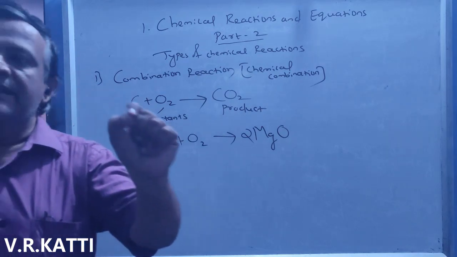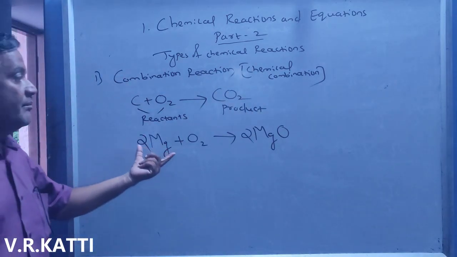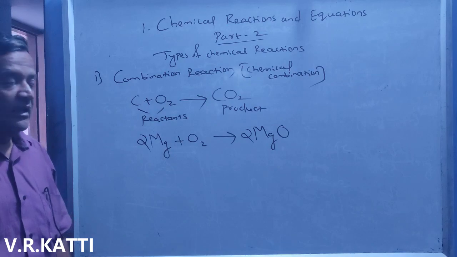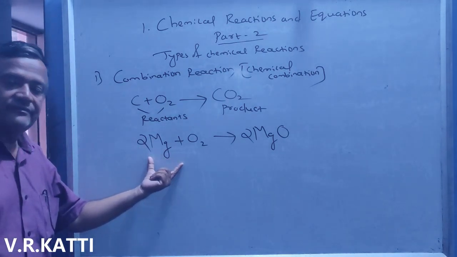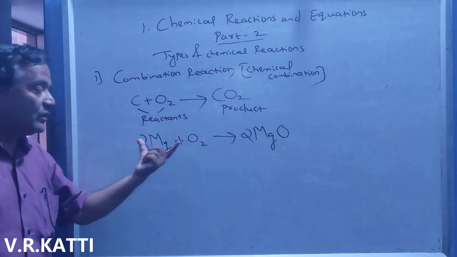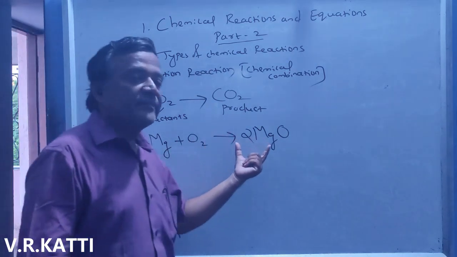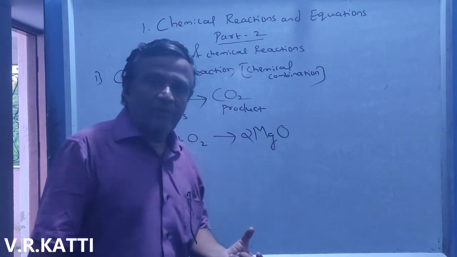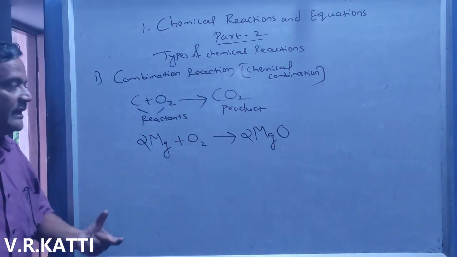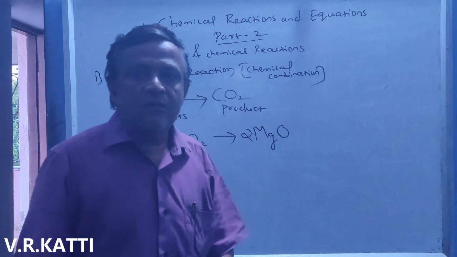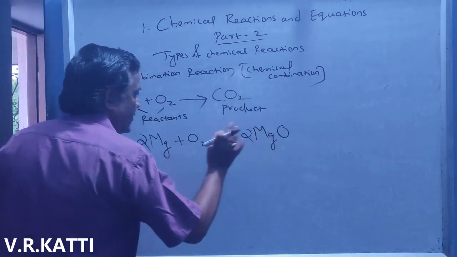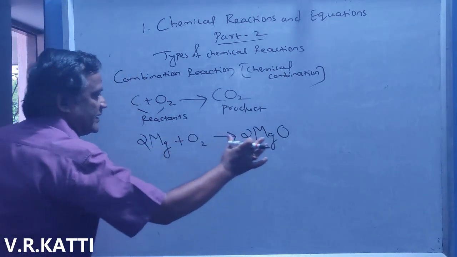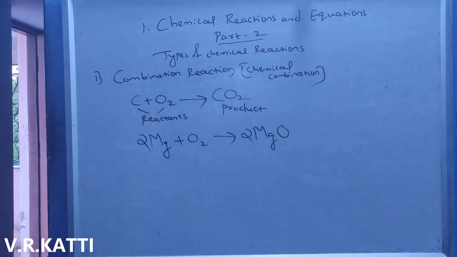Now it is balanced, so it is called a balanced chemical equation. Students, see here, 2 reactants, 2 Mg plus O2, but the product is single, so it is a combination reaction or chemical combination.